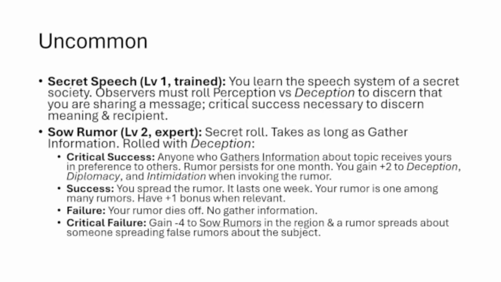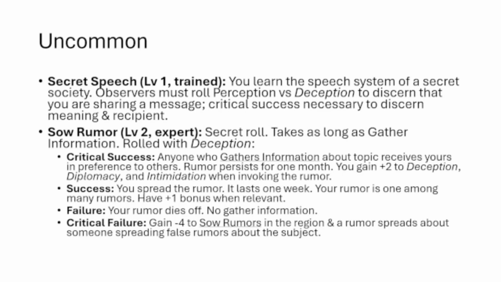So if your rumor is fake, the person gathering information, when you critically succeed at sharing it, only finds out what you shared, rather than what might have happened. Additionally, this rumor persists for a full month, and you have +2 to deception, diplomacy, and intimidation, basically charisma checks, whenever you're using the rumor for intimidating someone or otherwise basically saying you're an expert.